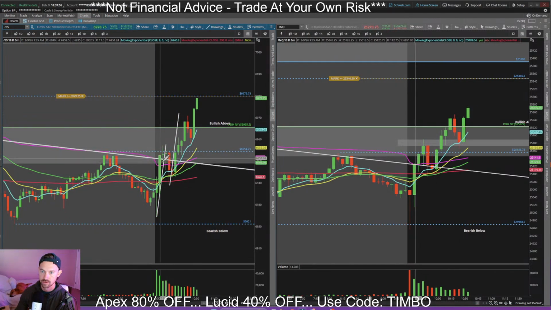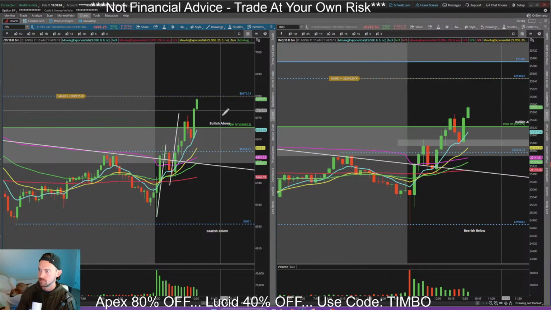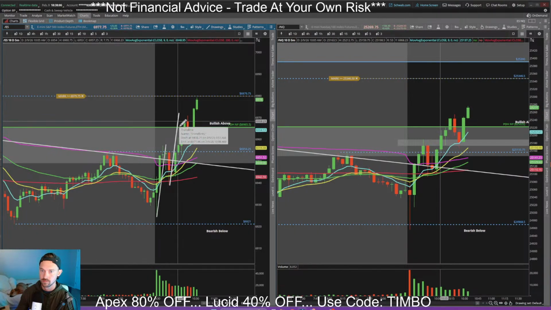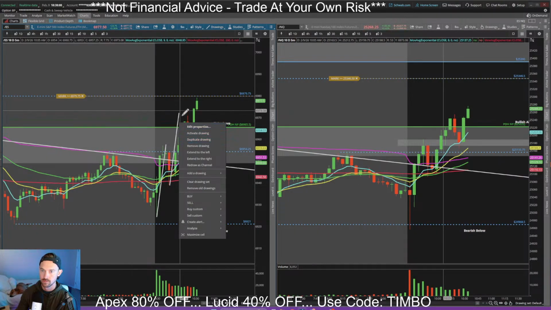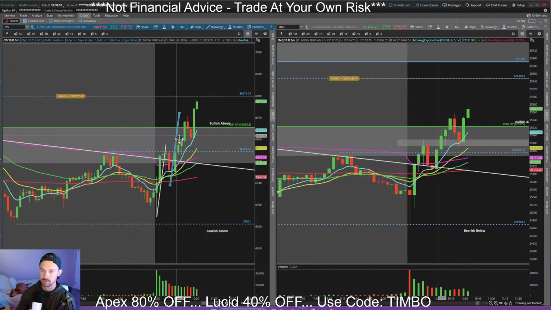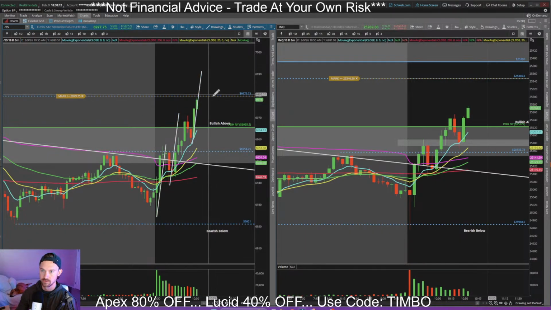Yeah, ES got pretty close. We had this move up, pull back, move up. It got very close to that same measured move from the morning. See if they get it again. See if we get 3 legs.